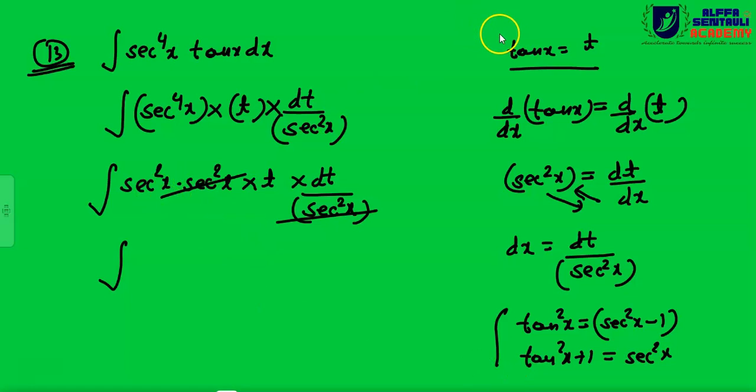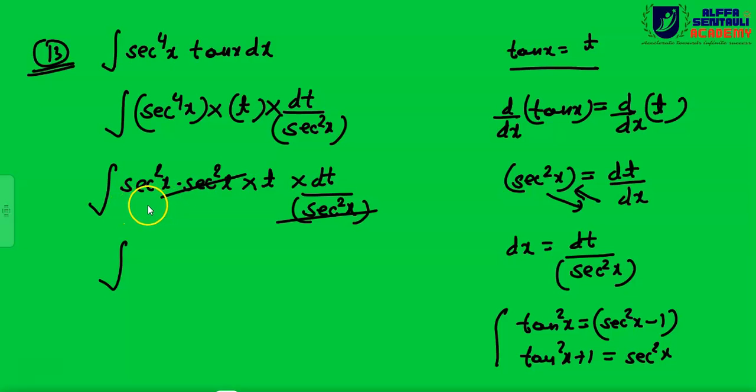Because we have substituted tan x as t, right? See, why am I writing the complete term in terms of t? Because whatever the function is, that function must be integrable. If the variable is in terms of t, the function should also be in terms of t. The function cannot be in terms of x, right?